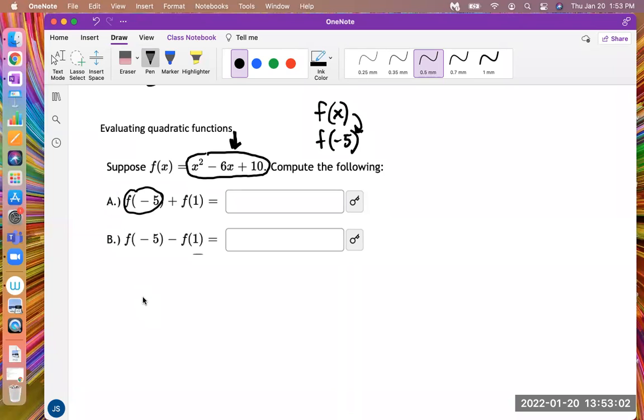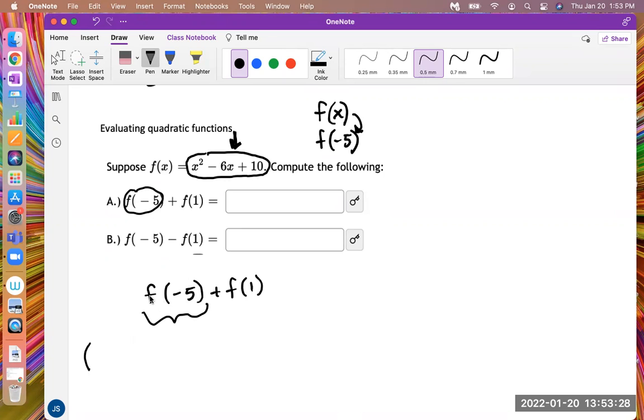So let me rewrite it above. I'm just going to rewrite the whole equation that we want. In for f of -5, I'm going to substitute this entire equation with -5 plugged in for x, so I'm going to put it in parentheses.